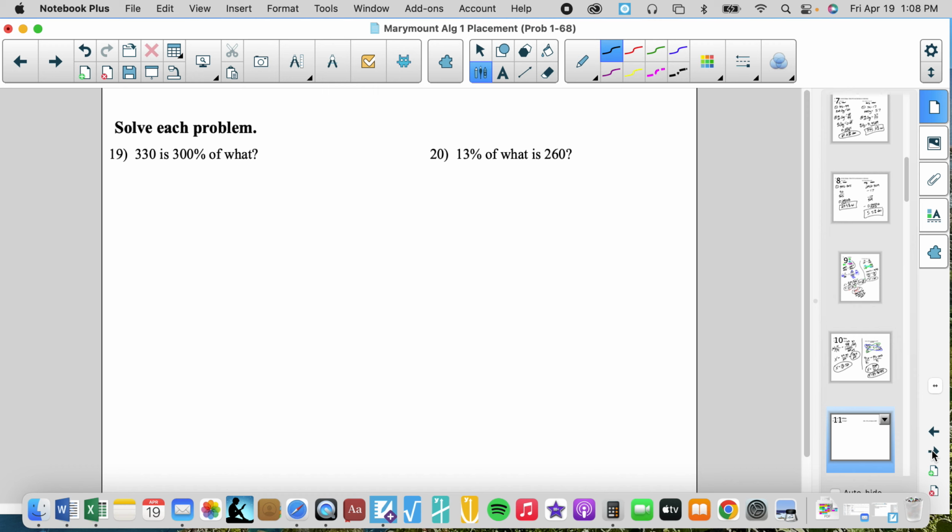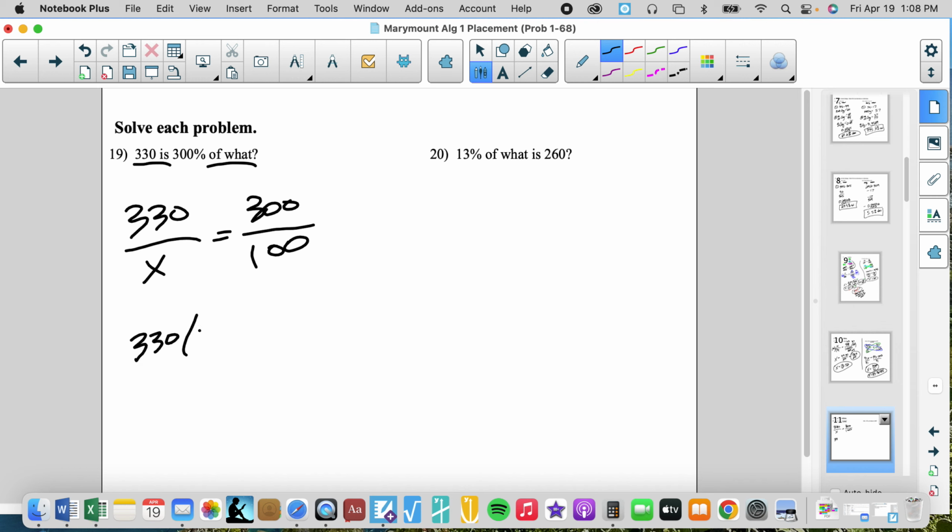More is of or of. Okay. There's my 330 of 300 equals percent over 100. So we have 330 times 100 equals 300 times x. We're going to divide by 300, divide by 300.